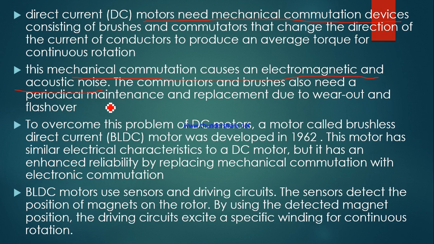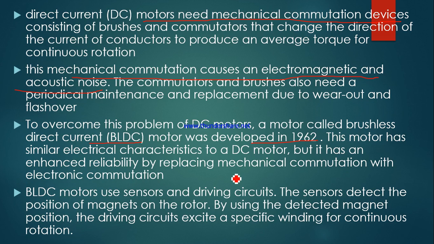Due to the reasons I have explained so far, a special kind of motor was designed to overcome this, which is called the brushless DC motor. It was developed in 1962. The electrical characteristics of the machine are similar to a DC machine, but it has enhanced reliability by replacing the mechanical commutation with electrical commutation by switching.